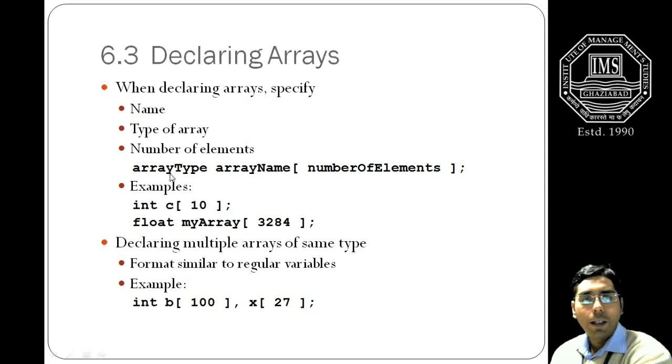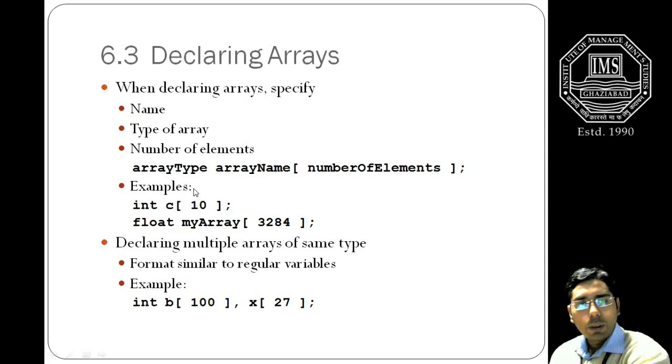So as you can see, the syntax of the array is array type, array name, and within the square braces, the number of elements. This is the thing which needs to be remembered, that the size of the array is always enclosed within the square braces. Actually, this is the size of the array.